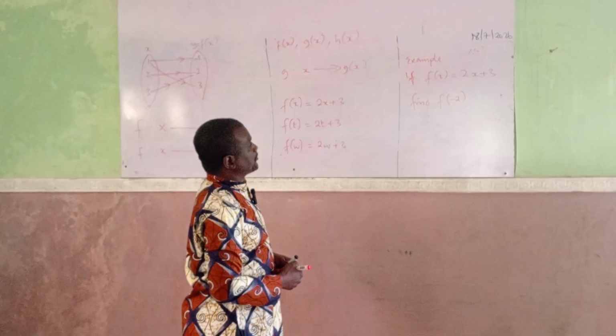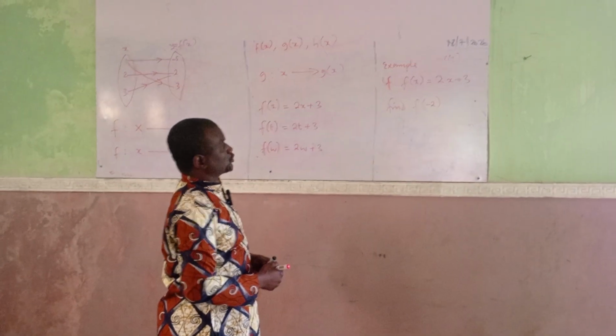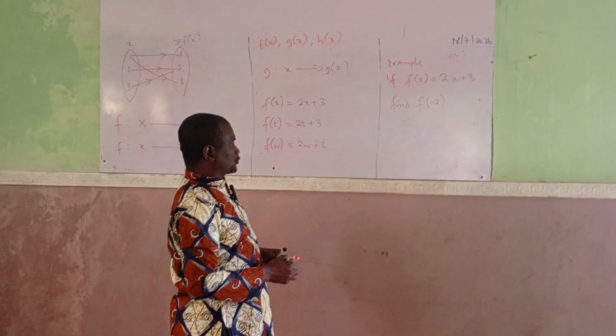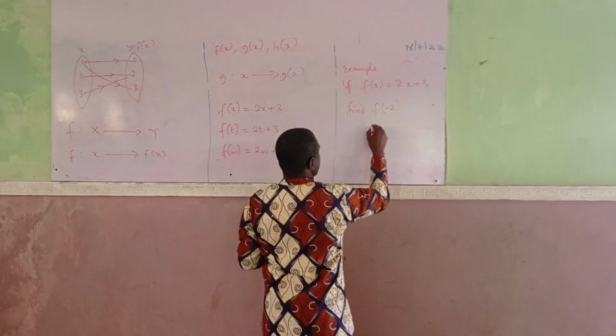We have an example here. If f of x is equal to 2x plus 3, it says find f of 2. So solution, what will be our f of 2?